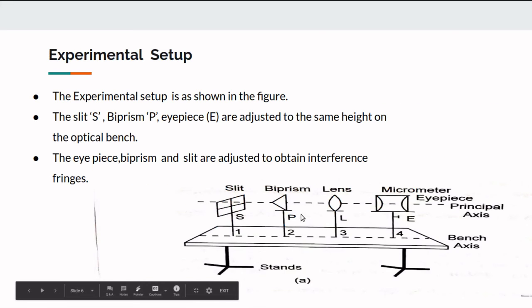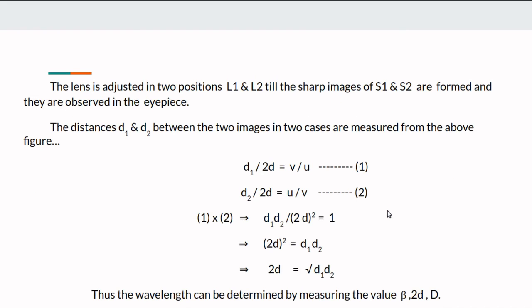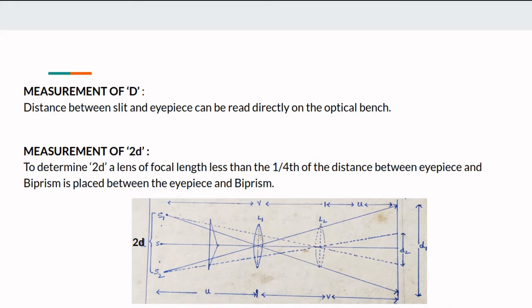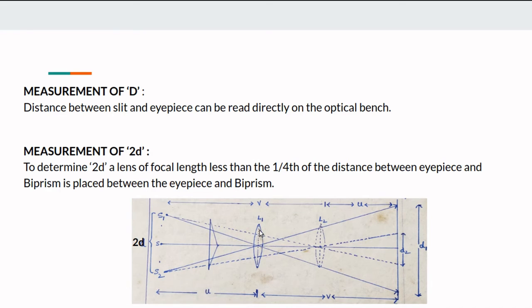This is the lens placed in between biprism and the micrometer. To determine D, a lens of focal length less than 1/4 of the distance between eyepiece and biprism is placed between eyepiece and biprism. This is the lens placed at this position.